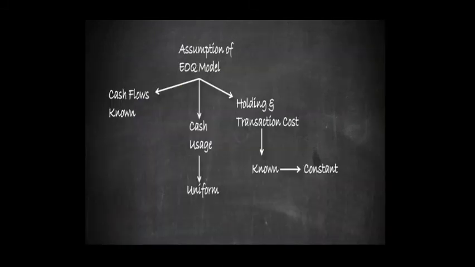There are certain assumptions, as the economic order quantity model works on a few assumptions. The first is that we are sure about the cash flows, or the cash flows are predictable, meaning cash flows are known. The second is that cash usage is uniform, but in the real world this may not be possible.